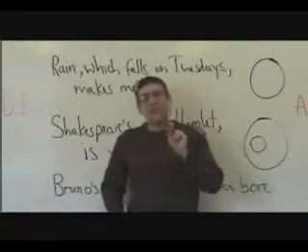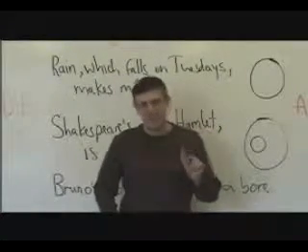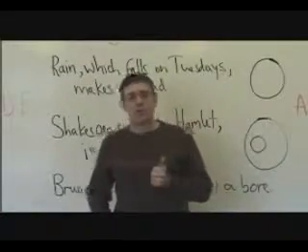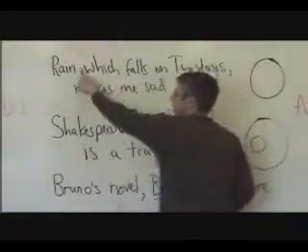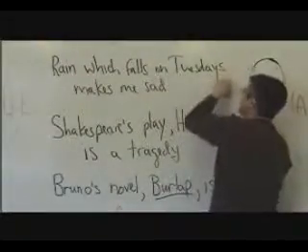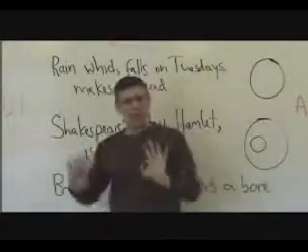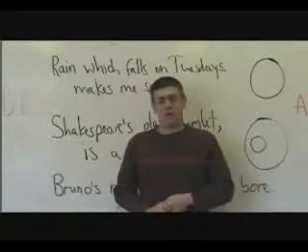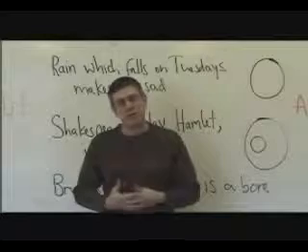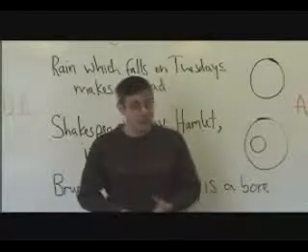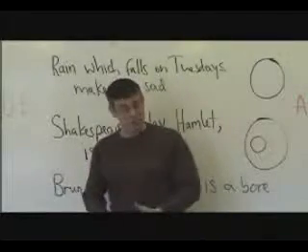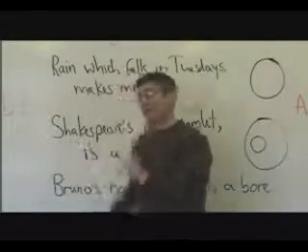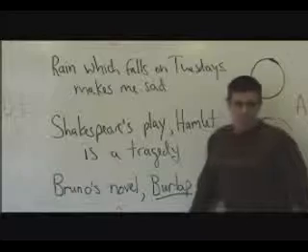And if the as-opposed-to sentence works, that means the element you're talking about is restrictive. And if it's restrictive, that means there must not be commas. If the by-the-way sentence works, that means the element you're testing is non-restrictive and it must be surrounded by commas. Let's look at a couple more examples.